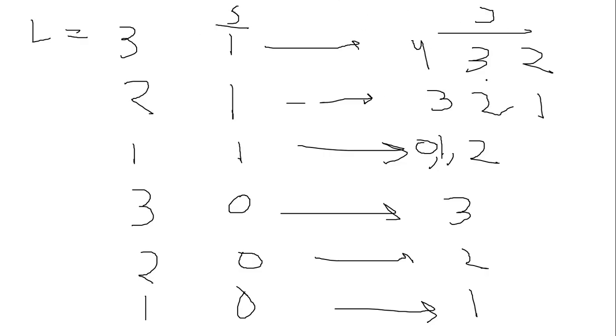So can anyone tell me for this what will be the spectroscopic notation? For these values, that is L equals 3, S equals 0 and J equals 3, what should be the spectroscopic term we will be using to notify this level? Anyone?